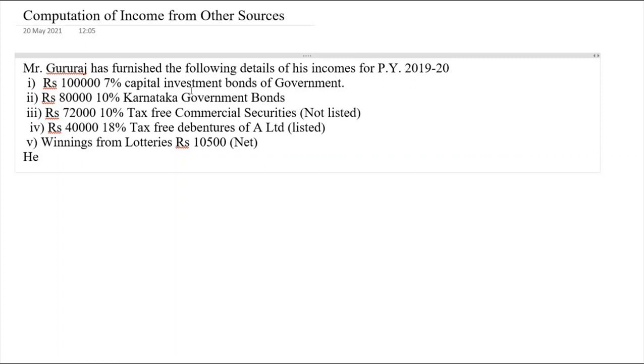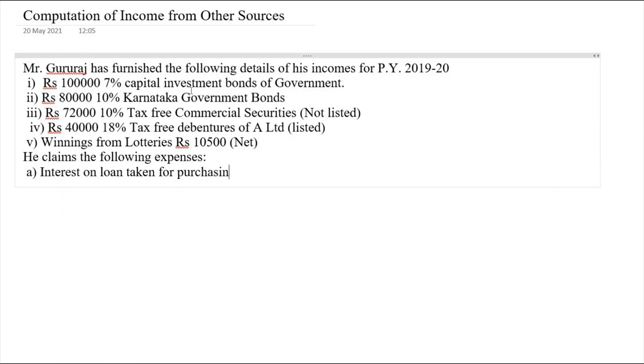He claims the following expenses: A, interest on loan taken for purchasing securities, rupees 1,000.